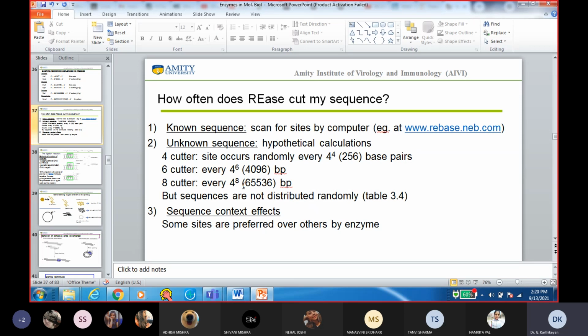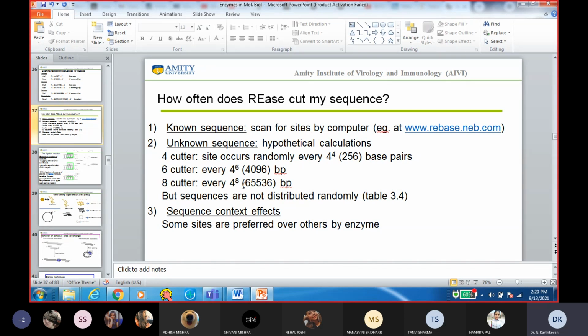If you look at a six base pair cutter, it is supposed to cut approximately every 4 kilo base pair. If you look at an 8 cutter, then the frequency of a restriction site recognized by this 8 base pair cutter is theoretically around 1 in every 65 kilo base pairs. But sequences are not distributed randomly.